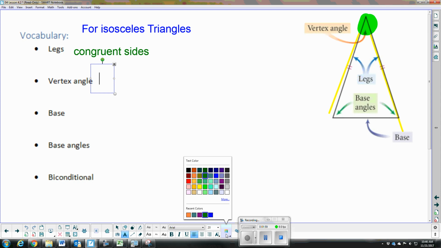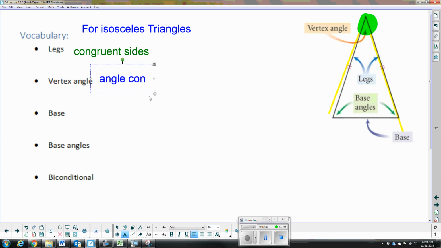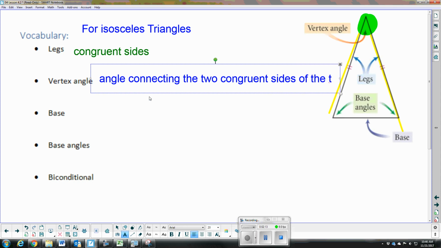So the vertex angle is the angle that connects the two congruent sides of the triangle. Or the legs.